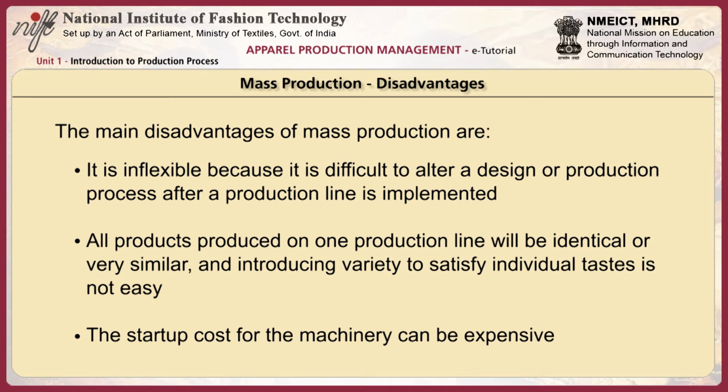All products produced on one production line will be identical or very similar, and introducing variety to satisfy individual tastes is not easy. The startup costs for the machinery can be expensive.